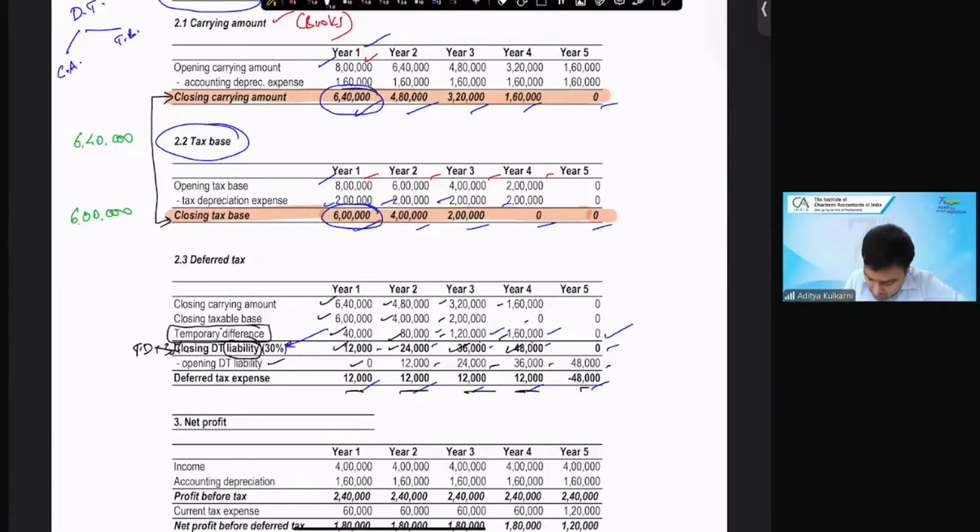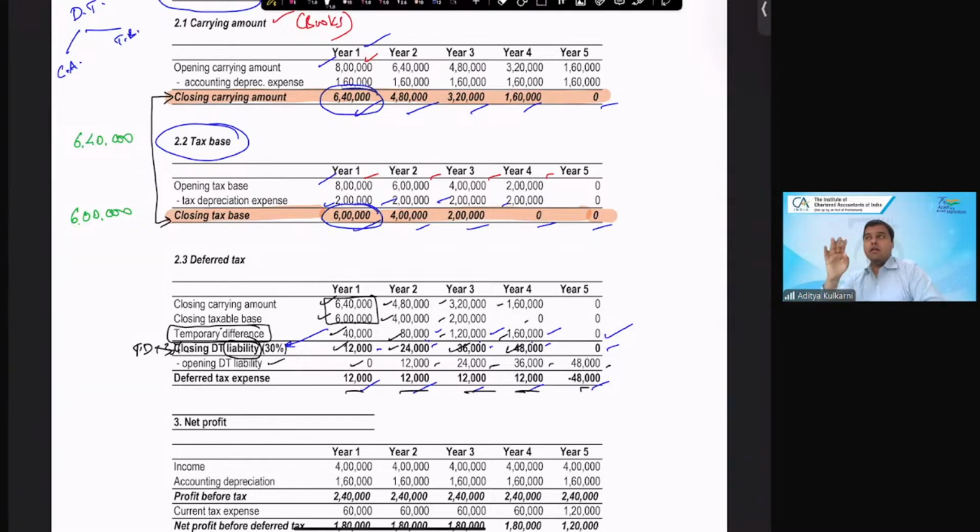So what you have to look at is, I'll come to the definition, but here is something I'll just explain before we move on to the definitions. Look at 6 lakh 40 and look at 6 lakhs. Suppose I earn 10 lakhs in the next year.